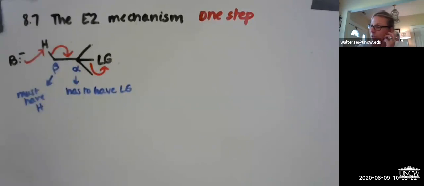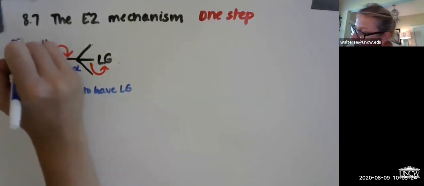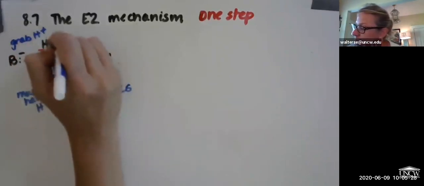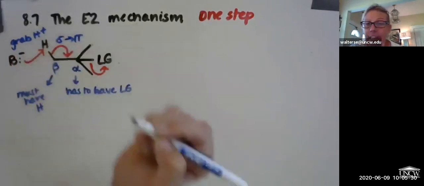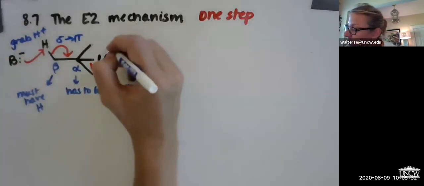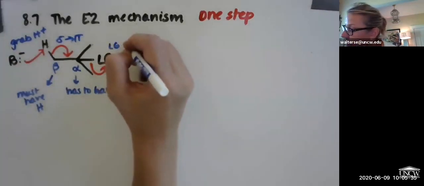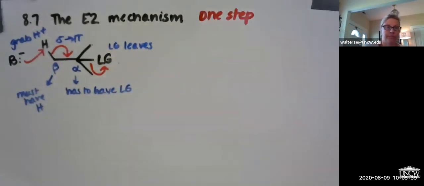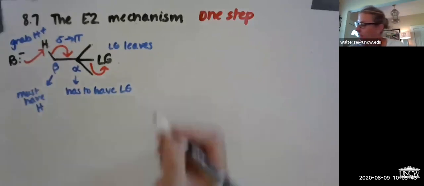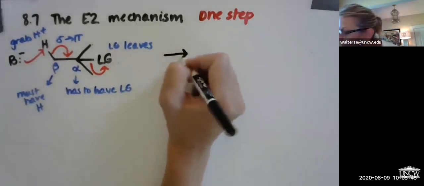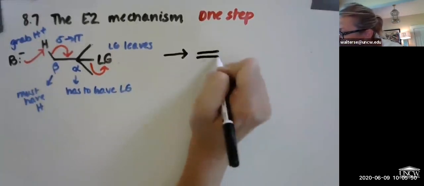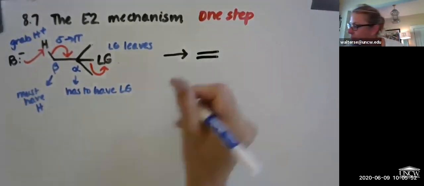Okay. So we have to grab a proton, sigma electrons become pi electrons, and then our leaving group breaks off. All at one time. Alpha and beta now have a pi bond between them.